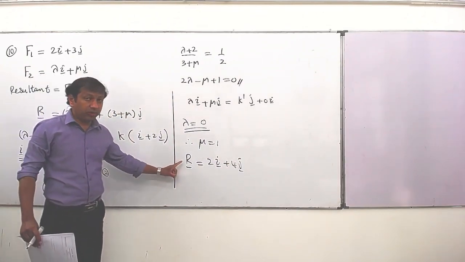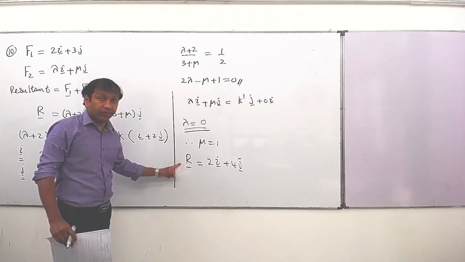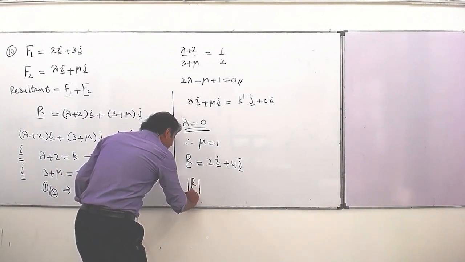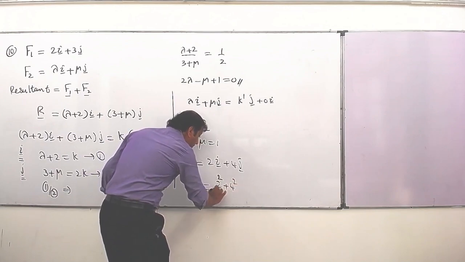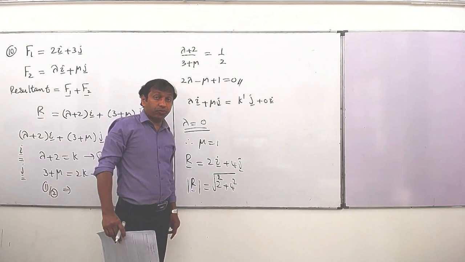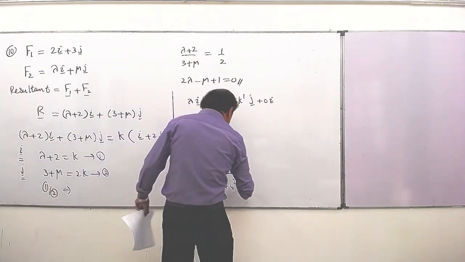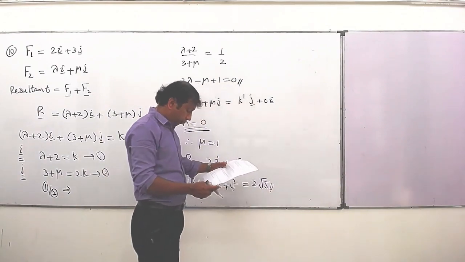This is the resultant force as a vector. Its size only is asked. The size can be found as the modulus of this vector. i coefficient squared, j coefficient squared, root. 4 squared 16, 2 squared 4, 20. Its root, 2 root 5. That way we can take the answer.